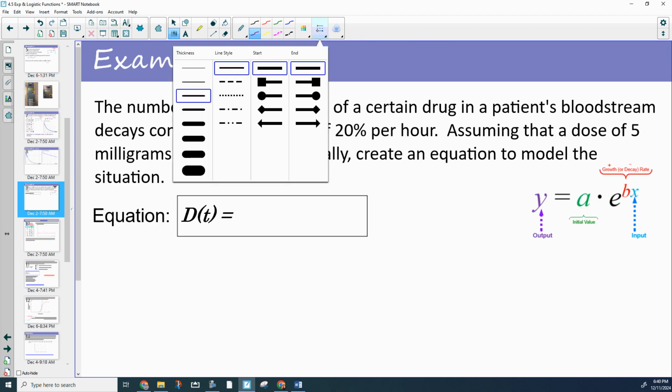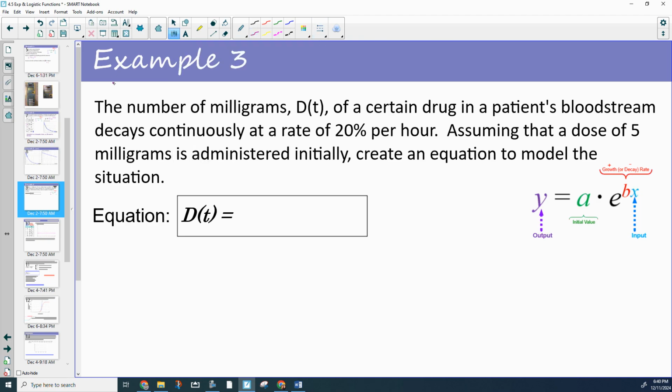All right, next one. Again, we use this quite a bit with the amount of medicine in a patient's bloodstream. So in this one, it decays continuously at a rate of 20% per hour. Gives us the initial amount of 5. So 5 is our A value.